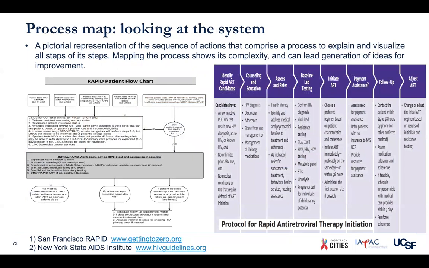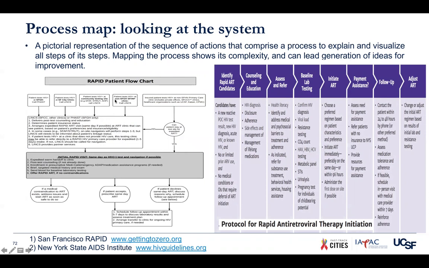So here are some process maps focusing on rapid ART initiation. And this gives us the sequence of actions that comprise the process to both explain and visualize all of its steps. Mapping the process shows its complexity and can lead to the generation of ideas for improvement, as I previously mentioned. The example on the left is from San Francisco and shows us different entry points where people can learn their HIV status.